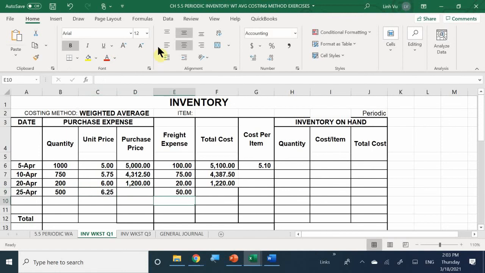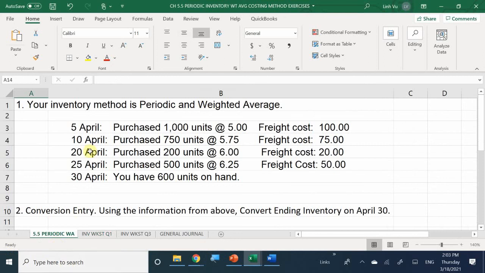What is my purchase price here? 3,125. Total cost? 3,175. And then lastly, on April 30th, you have a total of 600 units on hand.